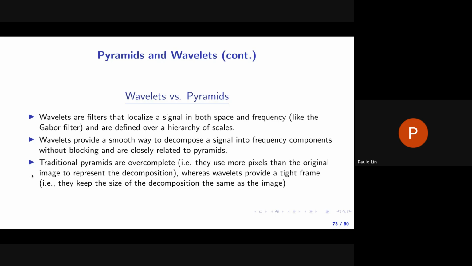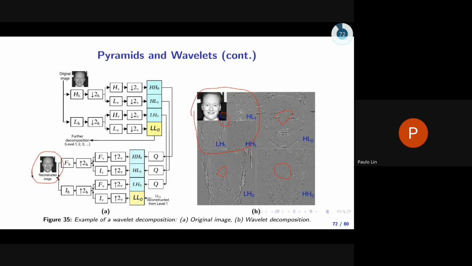Wavelets are filters that localize a signal in both space and frequency. In the pipeline of wavelet decomposition, we have high frequency filters and low frequency filters. And these filters are actually wavelet filters. So these are a special family of filters that we use for performing wavelet decomposition.